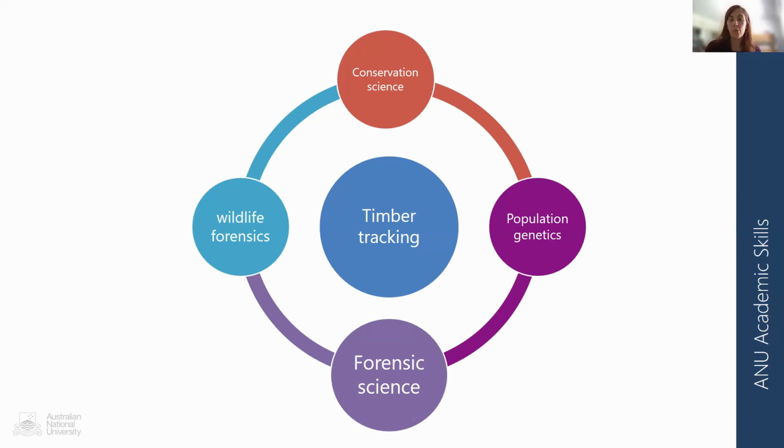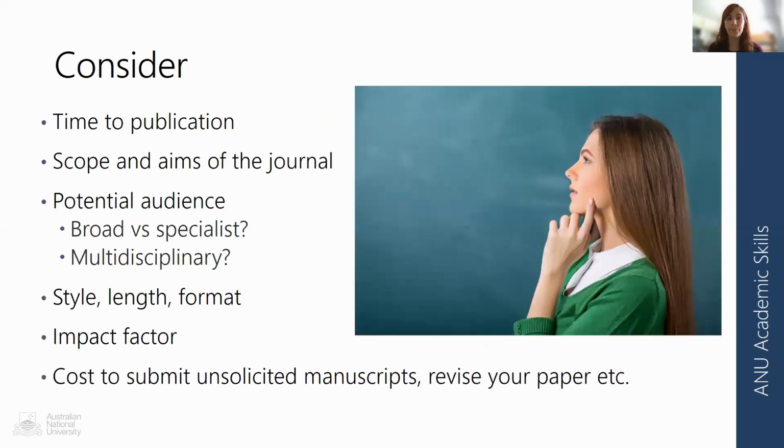You can kind of repurpose your research and think about how you might address conservation scientists with your work, right? So thinking about those different audiences you can address and let know about your work should be an exciting prospect and also part of your strategy when thinking about the journals that you want to target.